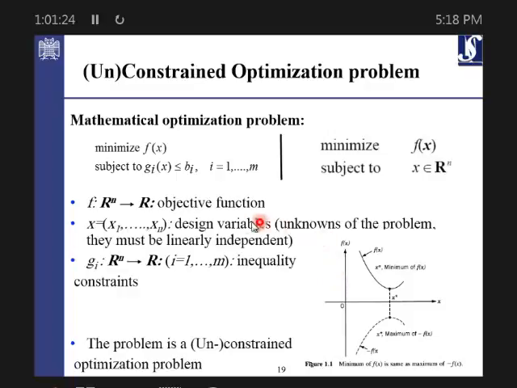Constrained optimization problem: you have to minimize that function over the free parameters x, but subject to some constraints. Those constraints might be hyperplanes in that n-dimensional domain, or nonlinear hyperplanes, which are called manifolds.